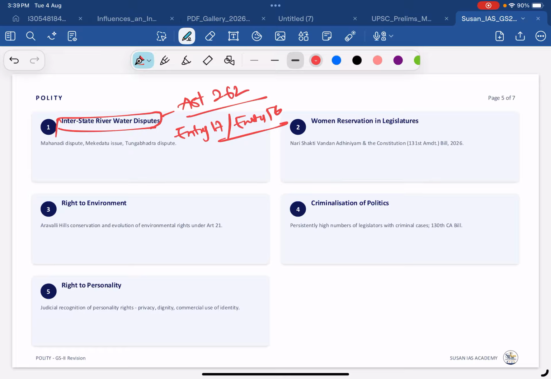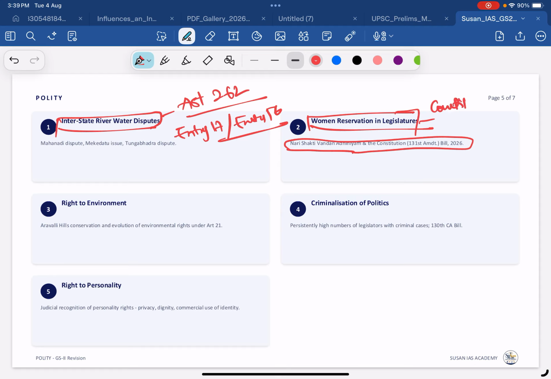And the next one is women reservation in legislature, right. Nari Shakti Vandan Adhiniyam and the Constitution 131st Amendment Bill, right. One has to know about these things.